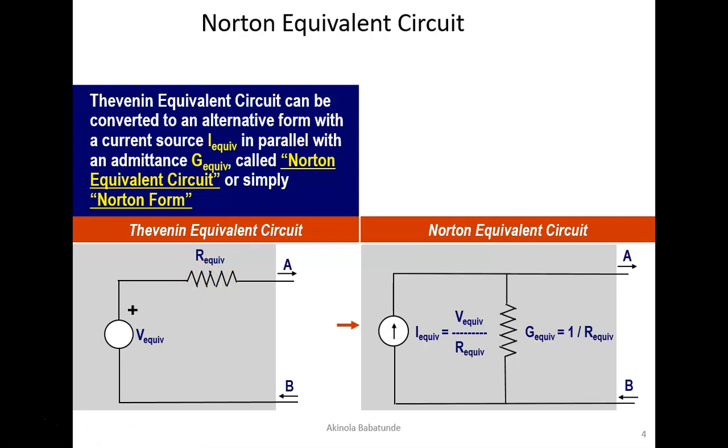So I is equal to V over R, which becomes V equivalent divided by R equivalent. You obtain the I equivalent, which is the current source now, and then R will remain this R, or we just find the inverse of this resistance and put it here as the G equivalent, and these two are now in parallel.